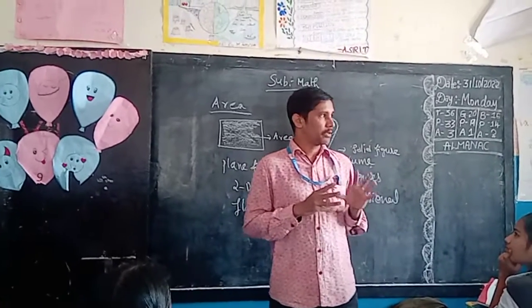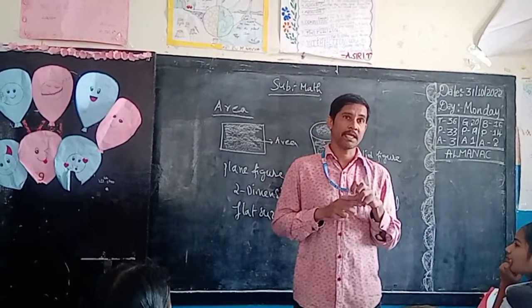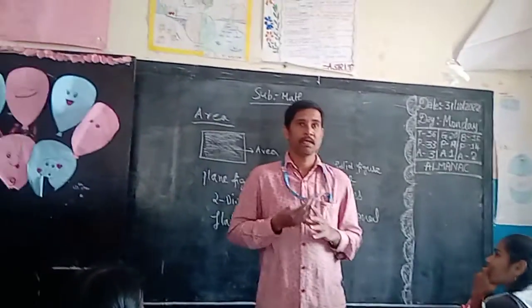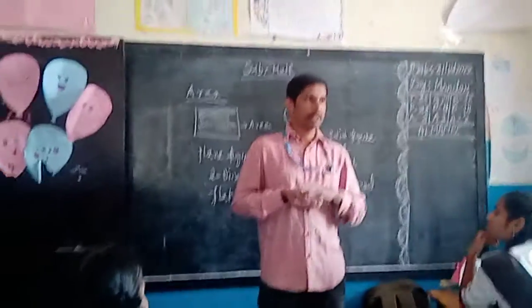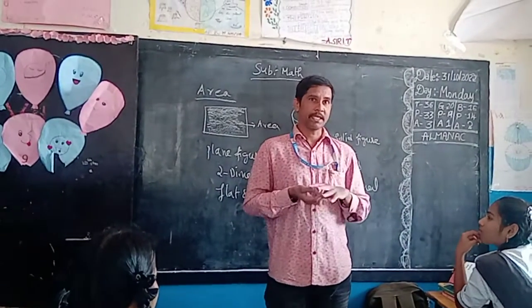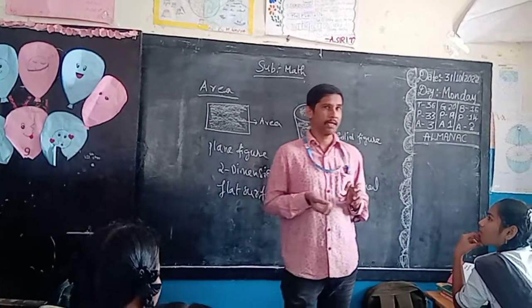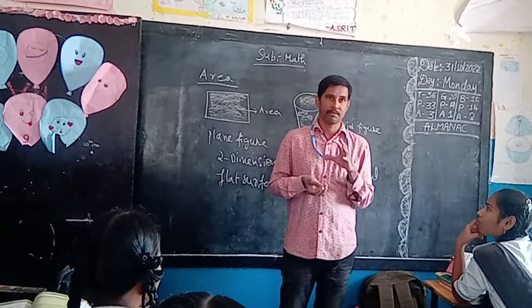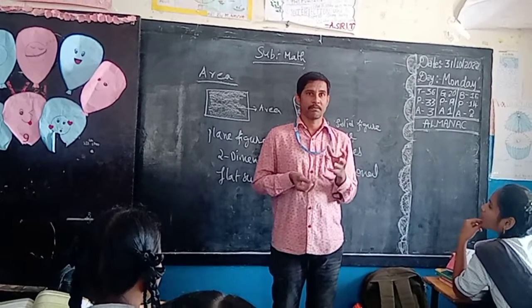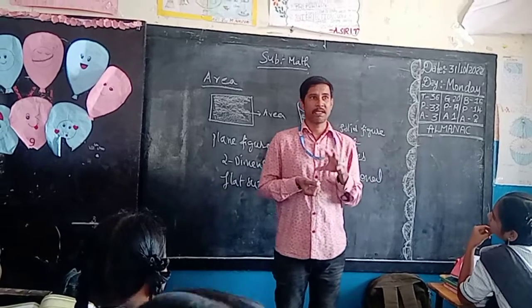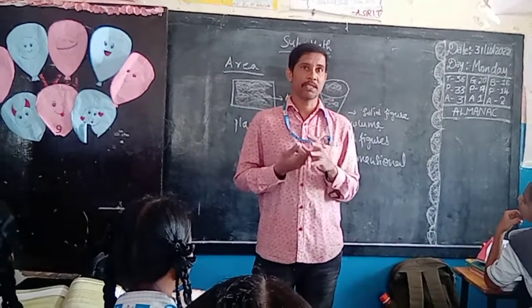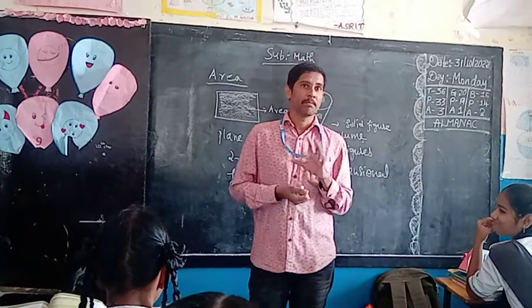How can you make those shapes without any measurements? You will make those shapes with some measurements. So whatever solid figures and plane figures we have, we have to measure them. That measuring is called mensuration. Mensuration means measuring solid figures and plane figures.